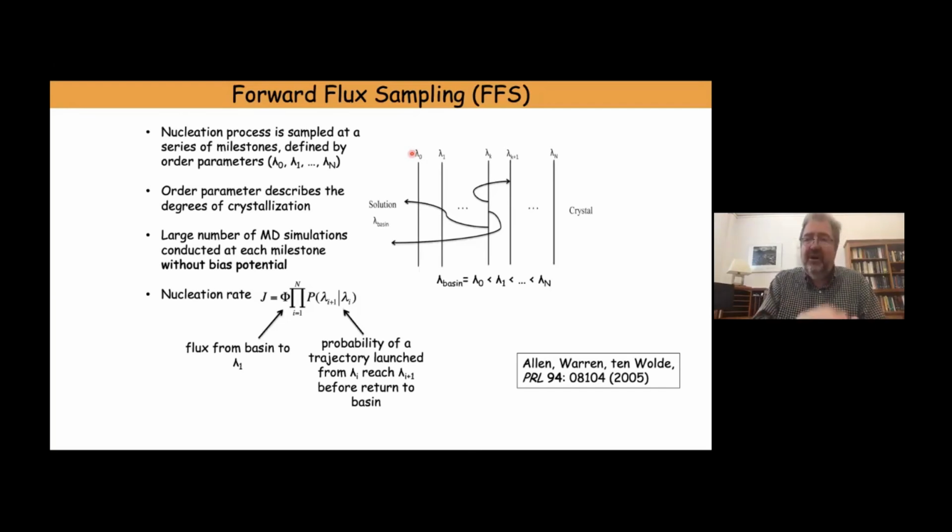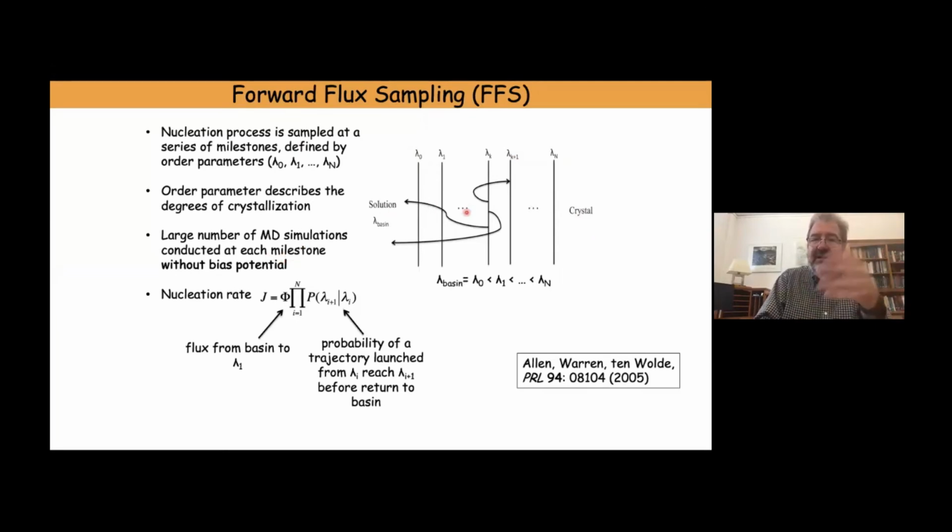In terms of methodology, we used forward flux sampling, which is a method that has been around for a while. It has some very nice advantages. It describes the nucleation process by sampling at a series of milestones defined by some order parameter, in this particular case, the number of ions in a nucleus that's growing or shrinking.